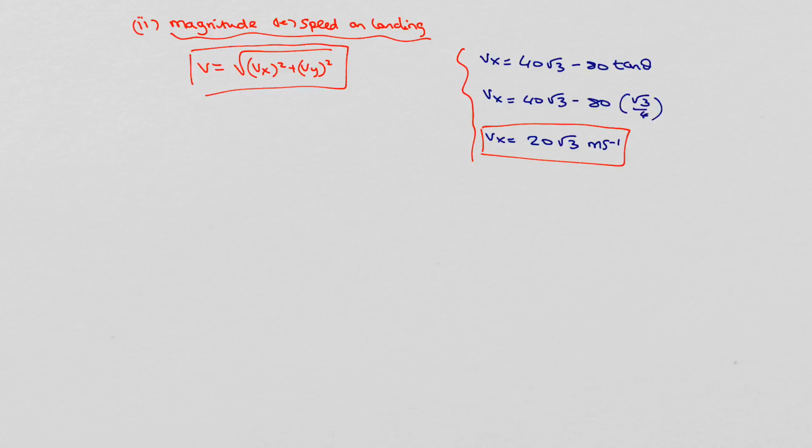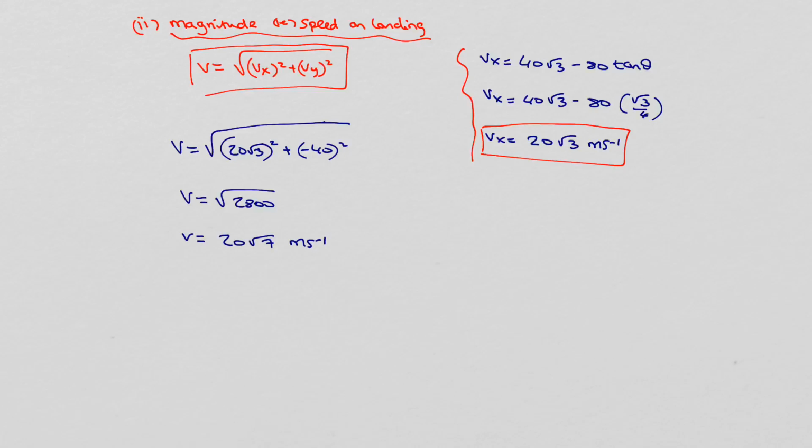So now we have our two velocities, then we can get the magnitude of our velocity, in other words our speed, is equal to the square root of 20 root 3 squared plus minus 40 squared, which then gives me the square root of 2,800, which is 20 root 7 meters per second.